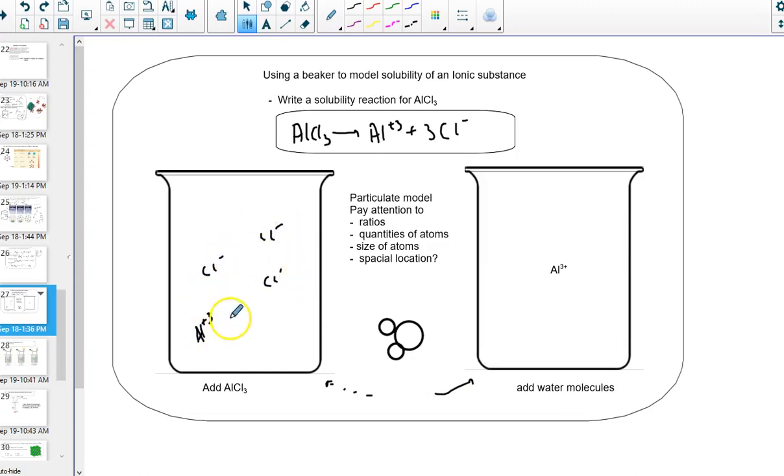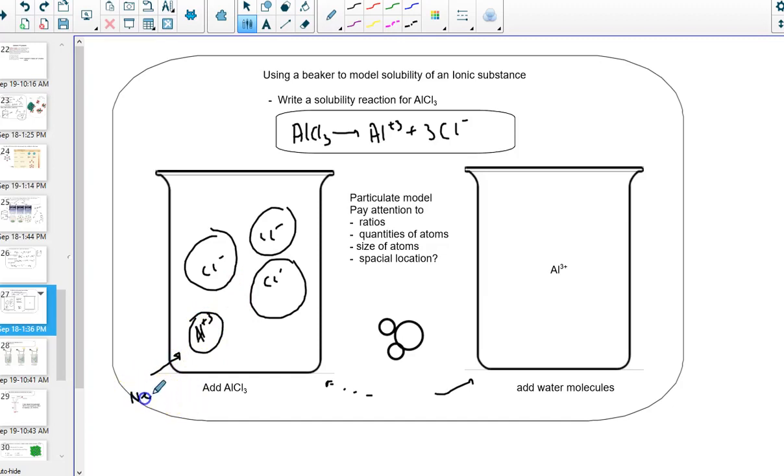A few things they're going to want you to be aware of is the size of the atoms. They might ask about that. So they might have something like this. I'll exaggerate it here, and you pick out the right one. Now I have these all together here, but really they're all floating around. And this one's a little smaller. Why is that? This guy here is isoelectronic with neon, and these guys here are isoelectronic with argon.